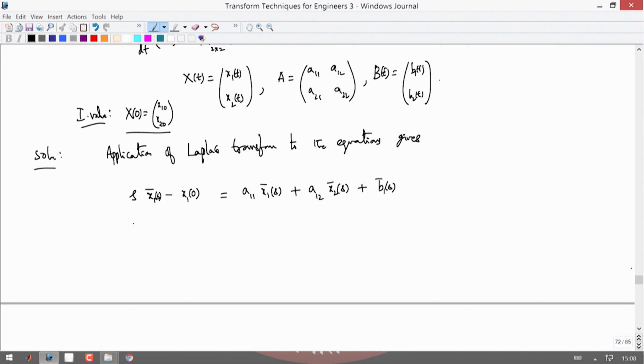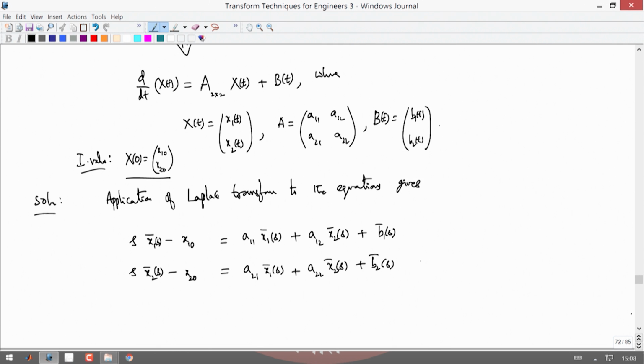Similarly, you apply it to the other equation. You get s x2 bar of s minus x2 at 0, which is x20, equal to a21 x1 bar of s plus a22 x2 bar of s plus b2 bar of s. This is how I applied it using the initial values.